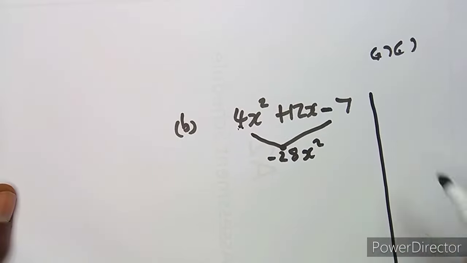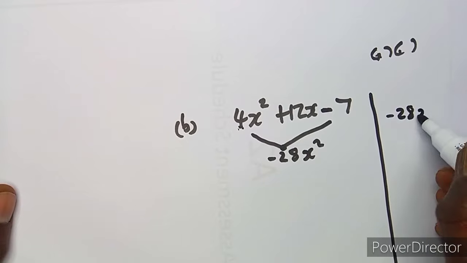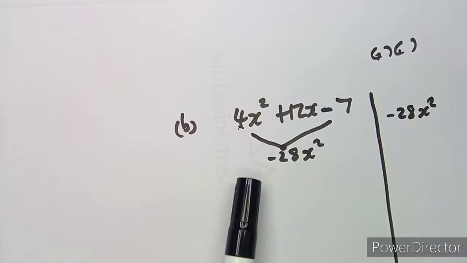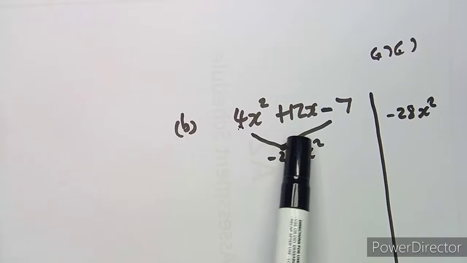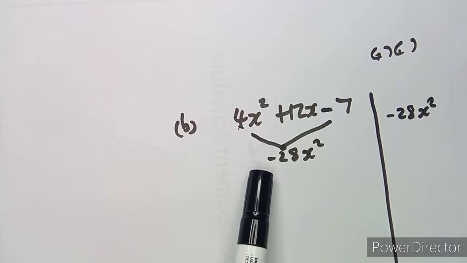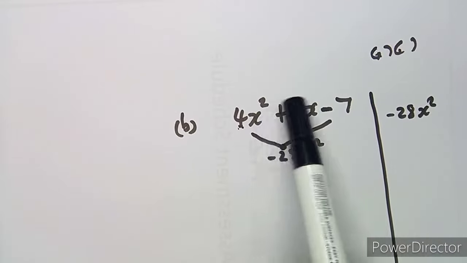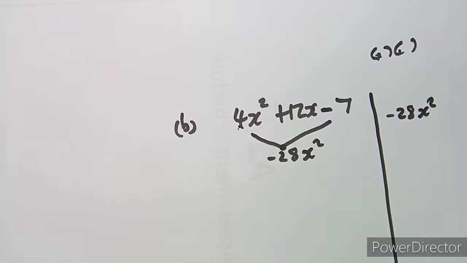So we have obtained negative 28x squared from the product of the first term and the last term. So what are we going to have from this? All we need is to find the terms that we are going to multiply together to give us minus 28. But if you are to add those terms, they must give us the middle term, which in this case is 12.